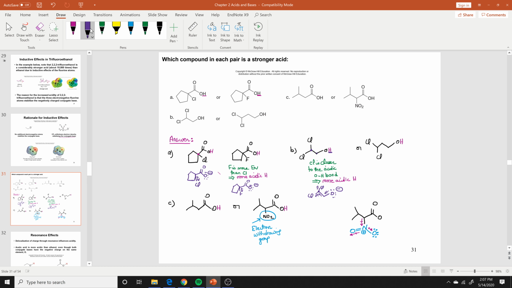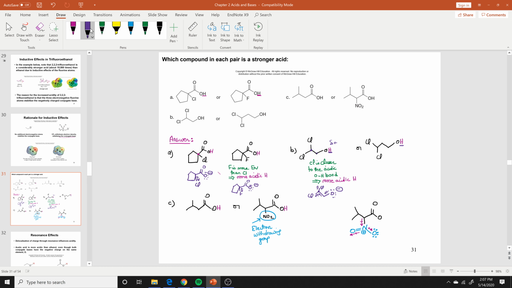This is two carbon separation. So now the chlorines are farther away from the hydrogen. If they are farther away, their inductive effect, which is the pull of electrons through the sigma bond, is lower. So their withdrawing effect is going to be lower. They won't reach the electrons of this hydrogen. So this one is going to be more partial positive than this hydrogen in here, and this structure is going to be more acidic.